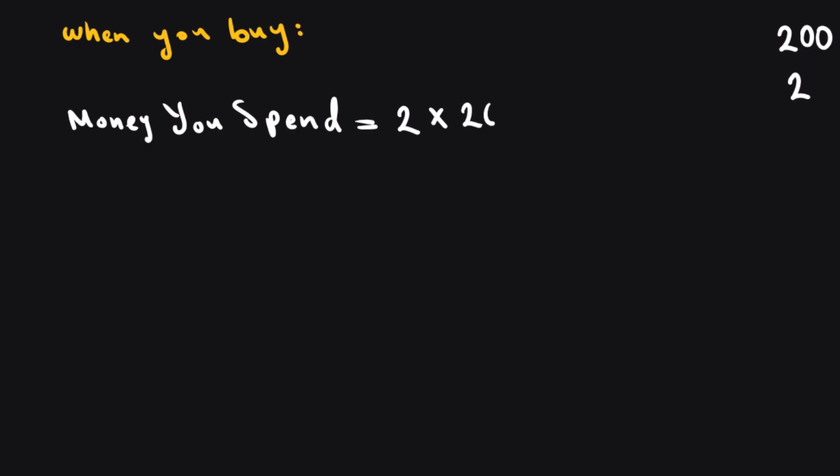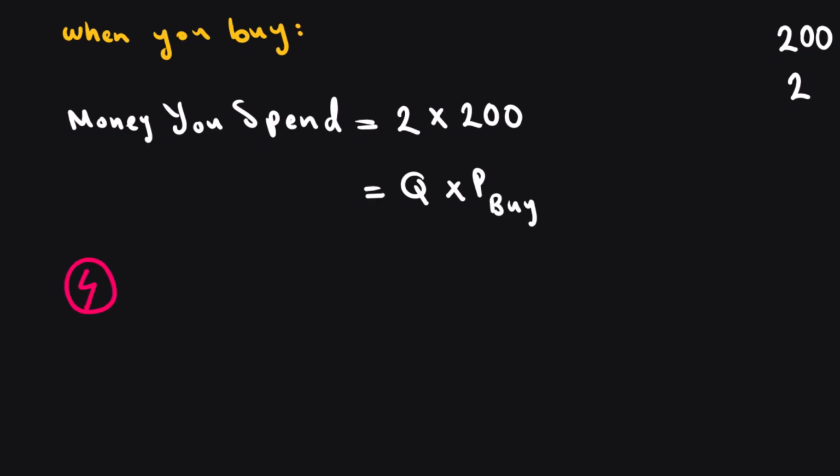So the money that you spend is 2 times 200. If you want to formulate that, we can say the money you spend is equal to the quantity that you're buying times the price at which you buy that asset.